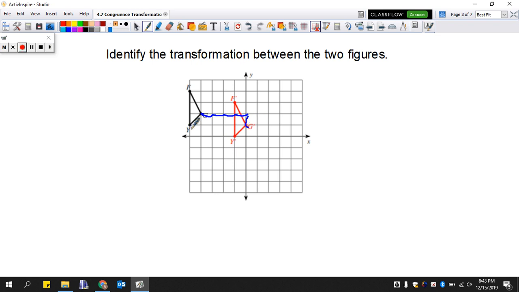If you look at all the other vertices, you can see that it's the same: 1, 2, 3, 4, and 1 space down. So every point on the original image is translated 4 spaces to the right and 1 space down.